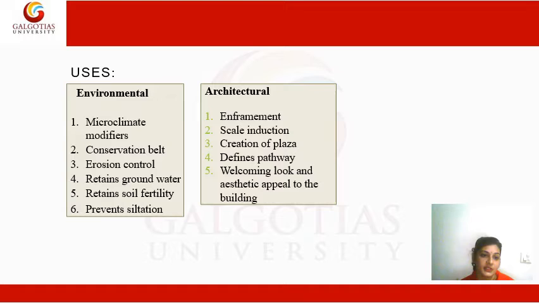Now coming to architectural functions: enframement, to frame the thing and give it an enhanced look. Scale induction, to introduce scale in the building or built form. Creating plazas. Defining pathways; they are used as path drivers. Welcoming look, aesthetic appeal to the view.